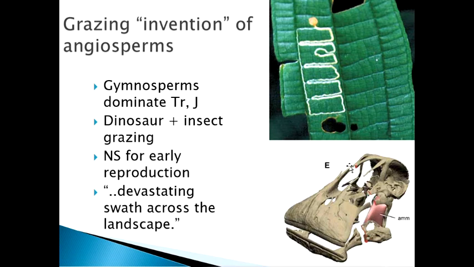What does this do? It creates a devastating swath across the landscape. So not only are gymnosperms being eaten by these new grazing insects, they are being outcompeted by the rise of this new plant type, the angiosperms.